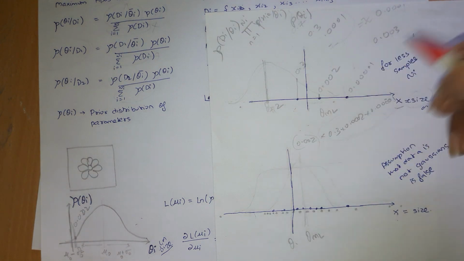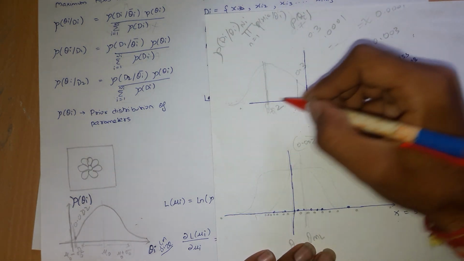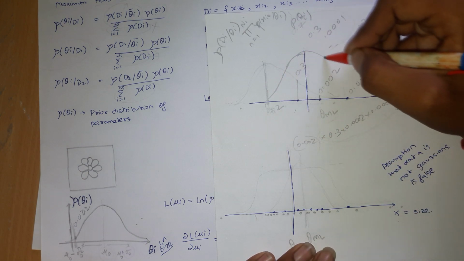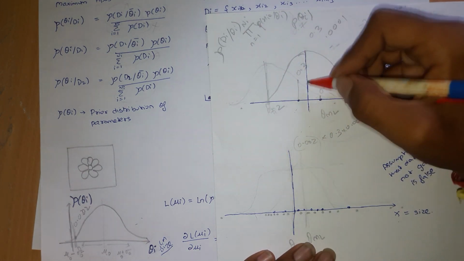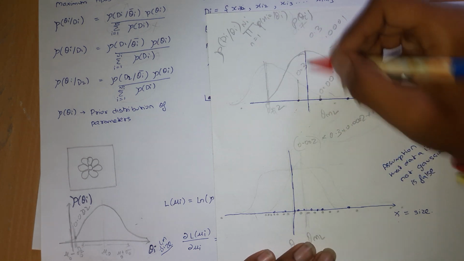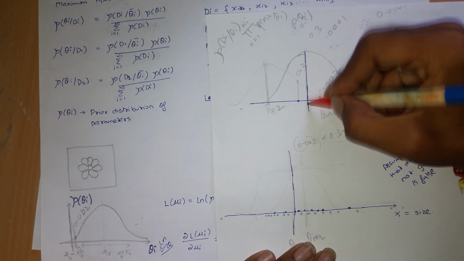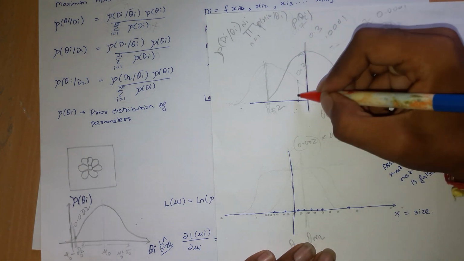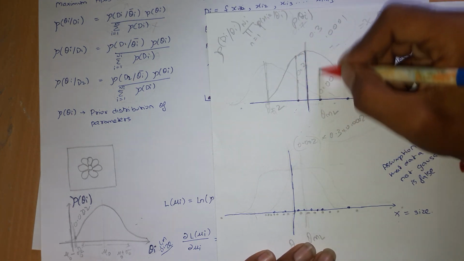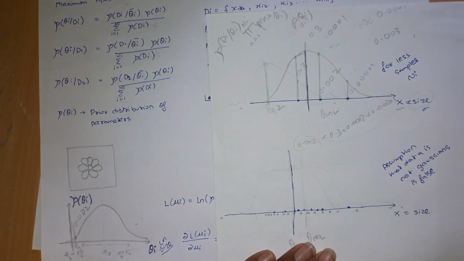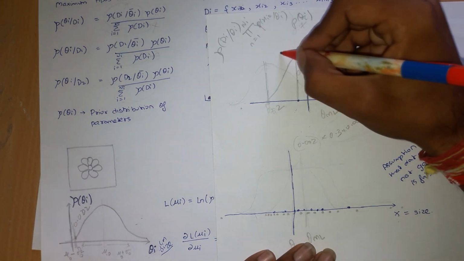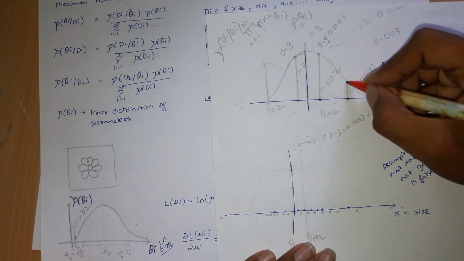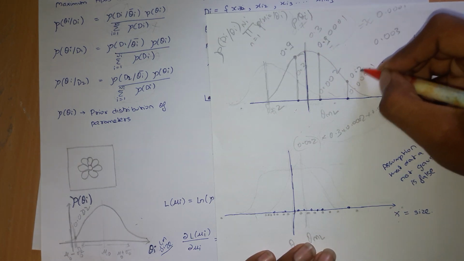Now suppose I take a mean, say like this. This is the mean that I am calculating, the original mean, say. For this I will calculate this probability, and this probability, and this probability. So this probability will be, say, a nice 0.9, and say this is some 0.2.